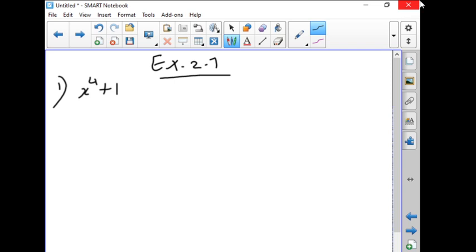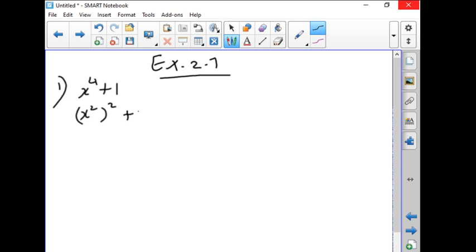So we will add and subtract both the sides. So this is x power 4 can be written as x square the whole square plus 1. So we will add and subtract 2x square.